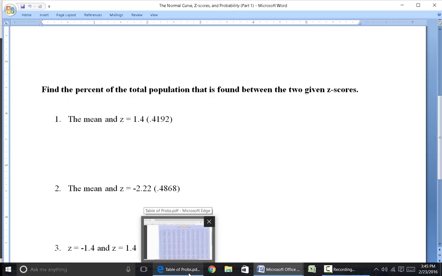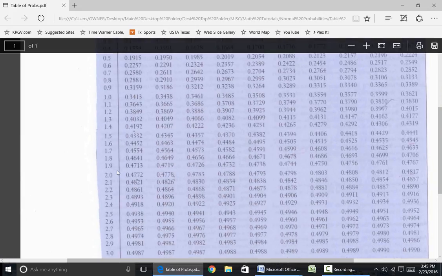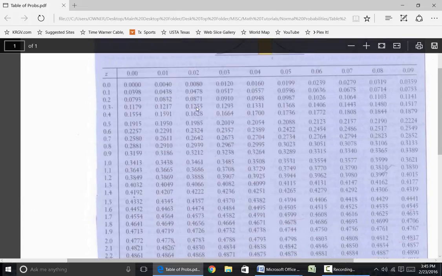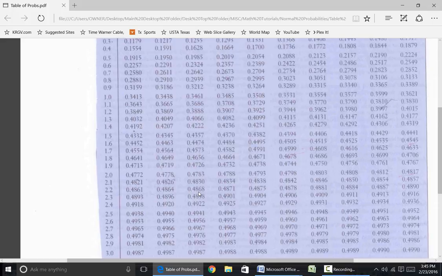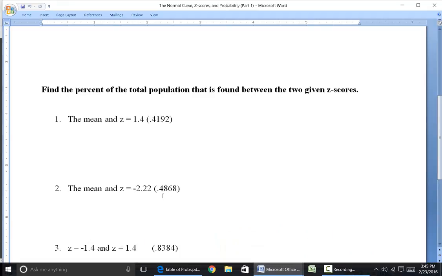Again, we have to go to the third column here, 0.02. So 2.22 would be over here, and that would be 0.4868. Because it's asking for the percent, we would give it as 48.68%.